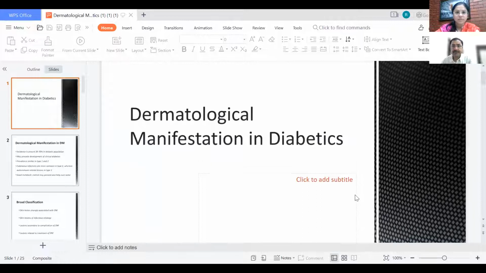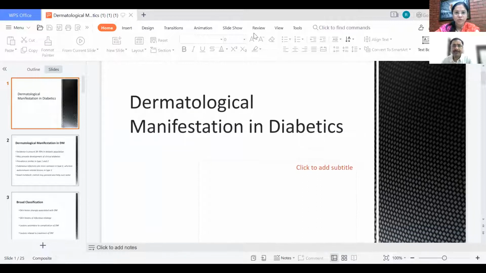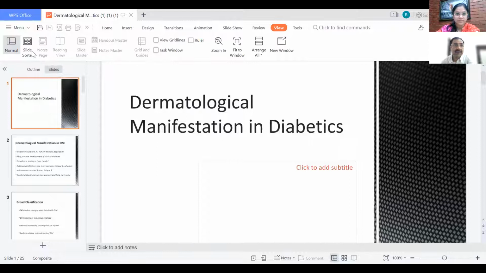Click on view and then it will be full screen.